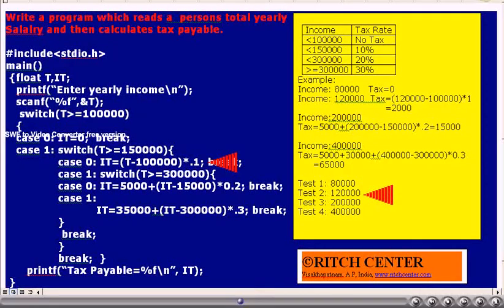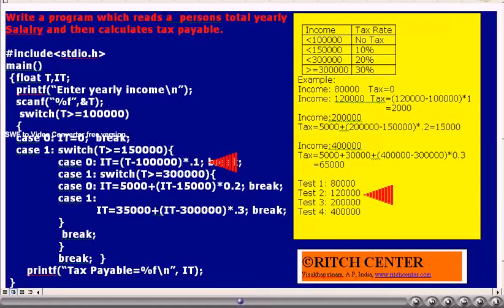Now consider that the user has entered the total income as 120,000. When the outer switch statement is evaluated, is 120,000 greater than or equal to 1 lakh? Yes. Thus the expression value is 1. So case 1 of that outer switch statement will be executed. What does case 1 contain? Another switch statement. Is T greater than or equal to 150,000?